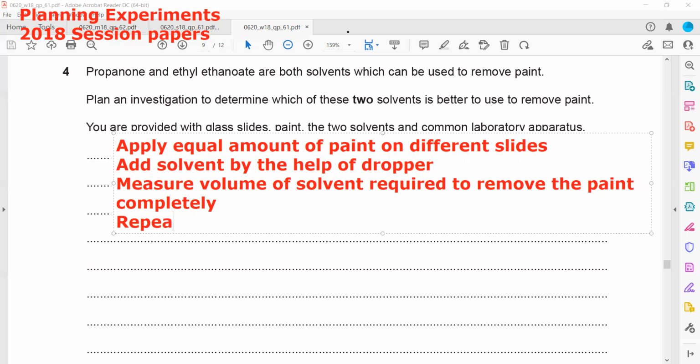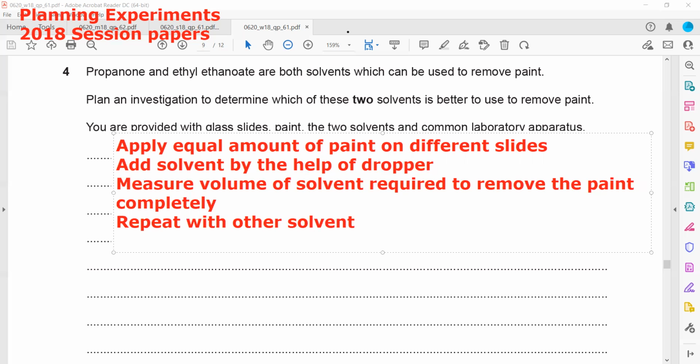Then we'll repeat with the other solvent, and how will we compare? We'll compare the volume of solvent needed to remove the paint.